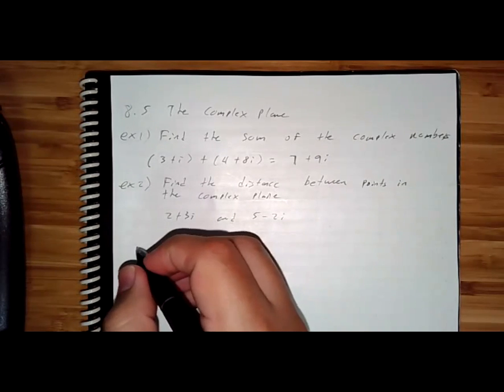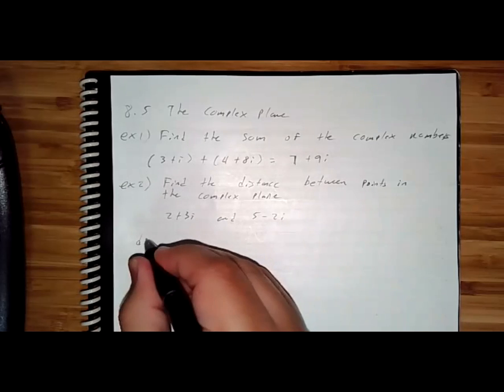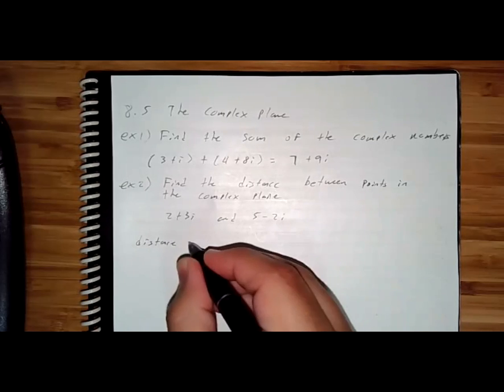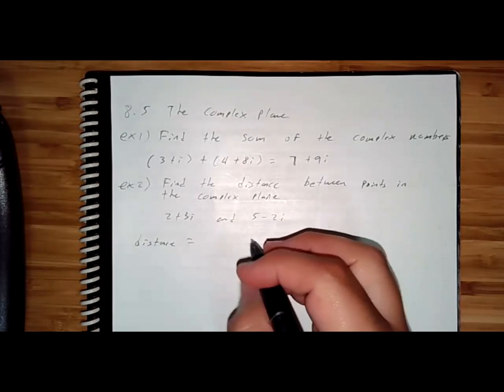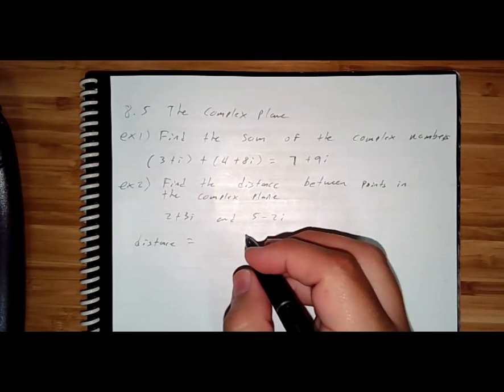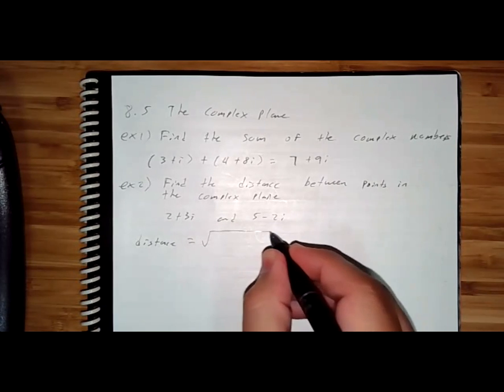So basically the distance, d, is equal to, let me try to simplify this formula for you. It's equal to the square root.